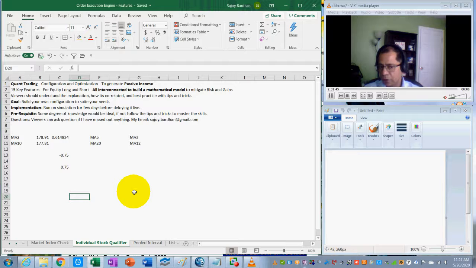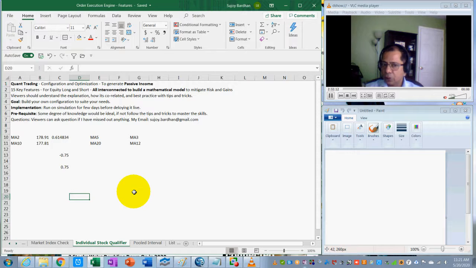If you're looking into this moving average here with the individual stock qualifier, and you're looking into something different when it comes to, say for example, entry point and exit point or stop loss or milking profit criteria, keep in mind that they all have to be in sync with your strategy.